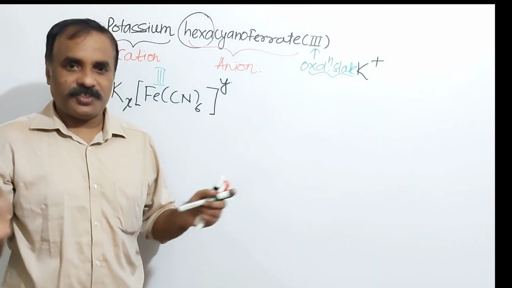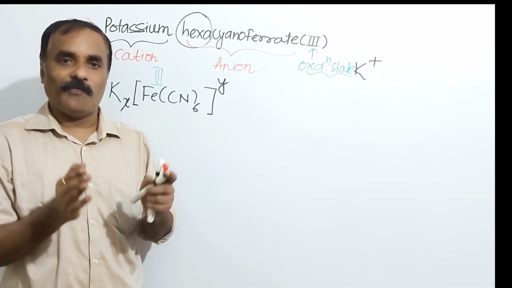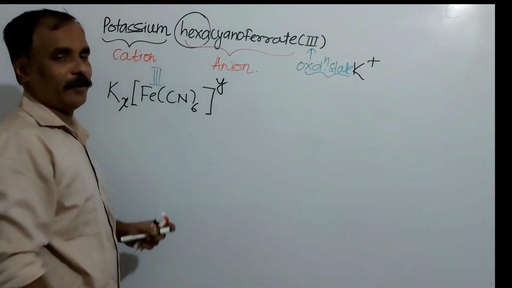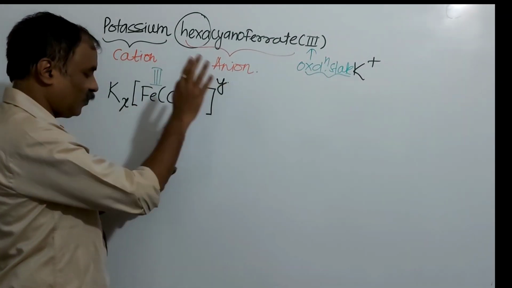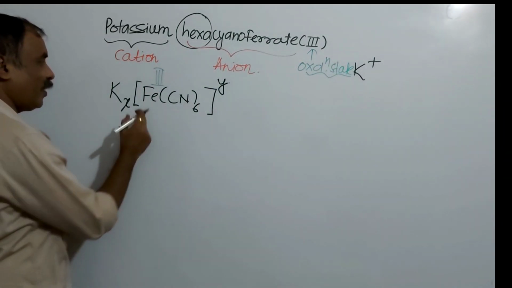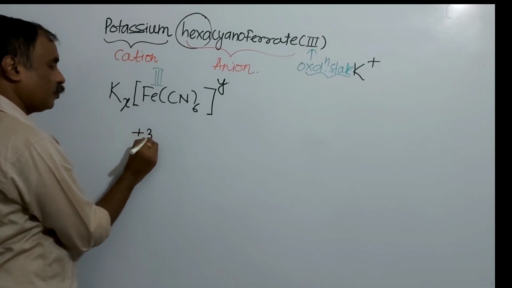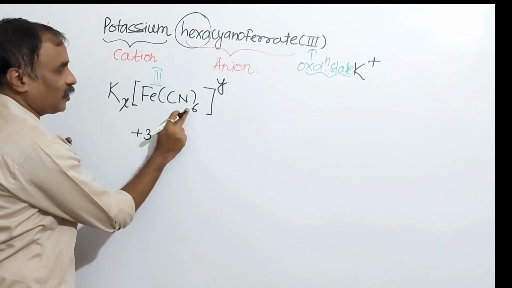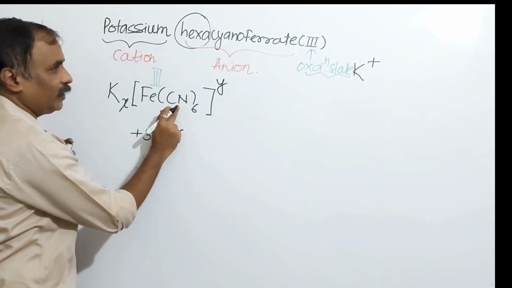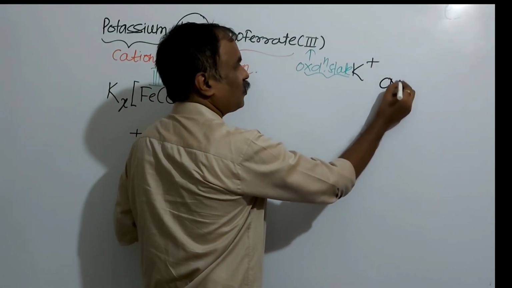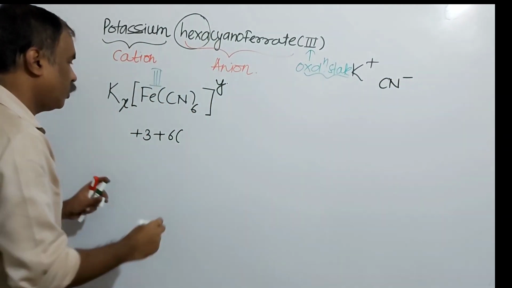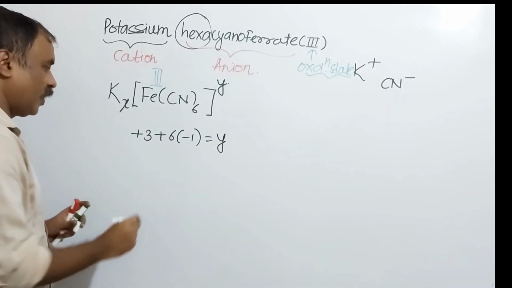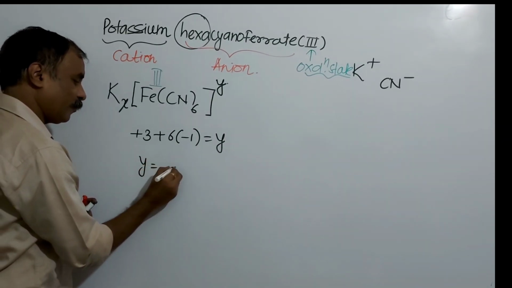We know that the sum of the oxidation numbers of the constituent parts in a complex is equal to the total charge on the bracket, and by using this we can calculate y. So the oxidation state of iron is +3, plus how many ligands are there? 6, and 6 into, we know this is a negative ligand, CN minus carries 1 minus, so -1, is equal to y. Therefore y is equal to -3.